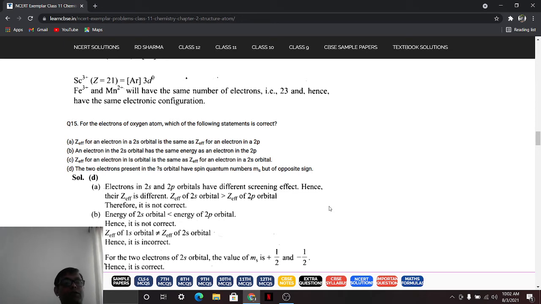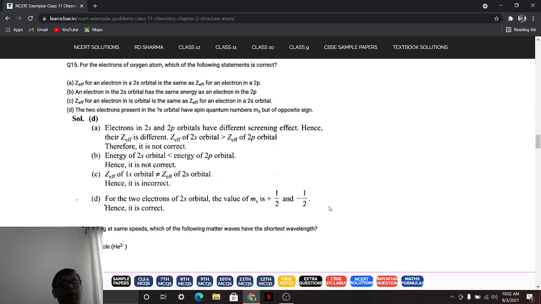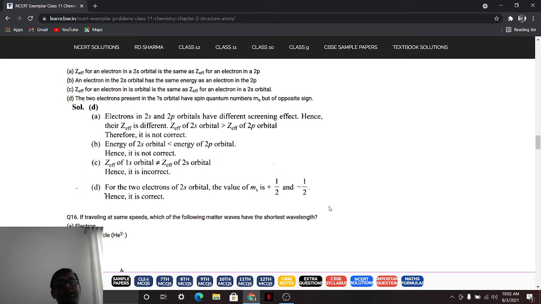The energy of the 2s orbital is less than the energy of the 2p orbital, hence B is not correct. Z effective of the 1s orbital is not equal to the Z effective of the 2s orbital, hence that is incorrect. For the two electrons of the 2s orbital, the value of ms is plus half and minus half. Hence, it is correct.